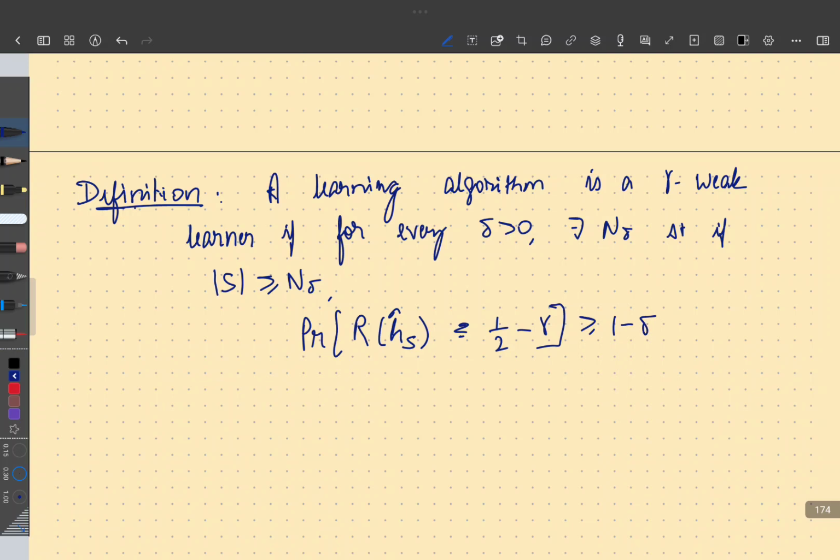So with probability at least 1 minus delta, this learning algorithm outputs a predictor that achieves a probability of error that is slightly less than half.